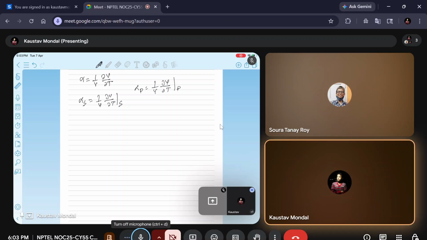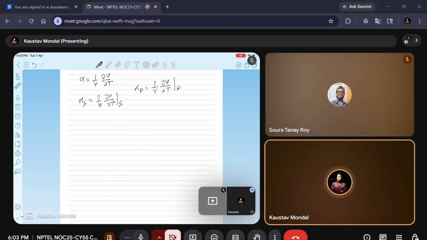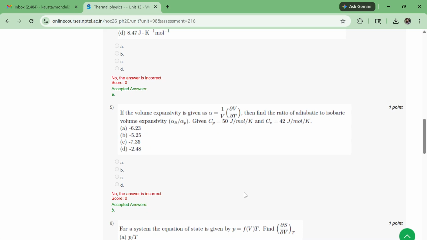So the options are not matching, that is what you are saying, right? Yes, I was using the formula alpha S by alpha P equal to CV by CP, but then my answer is coming 0.84, but all the options are around -5.